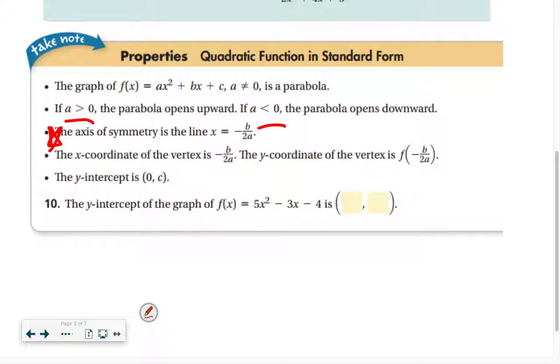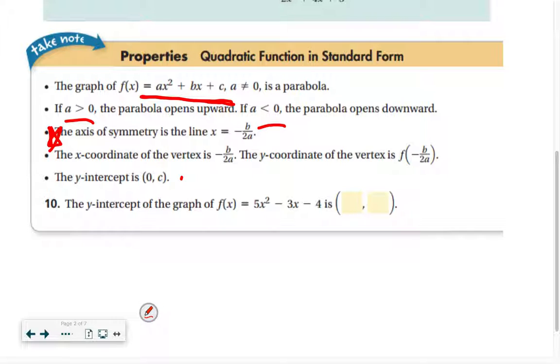Today we're going to learn how to find it given an equation in standard form. The negative b over 2a refers to this right here, b being the one attached to x, a being the one attached to x squared. Our y-intercept is just 0, c, which the c comes from this one as well.